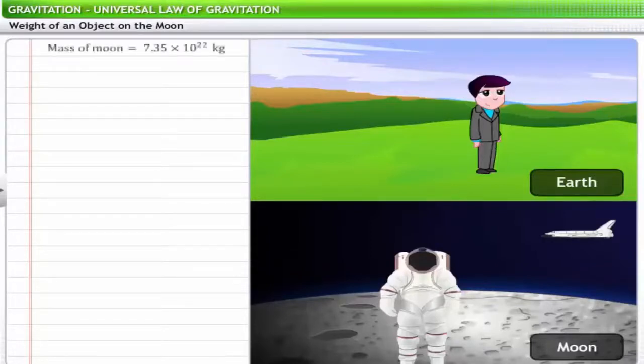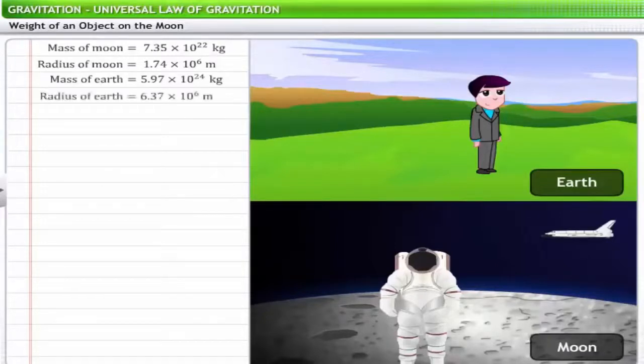The mass of the Moon is 7.35 into 10 raised to the power 22 kilograms, and its radius is 1.74 into 10 raised to the power 6 meters. The mass of Earth is 5.97 into 10 raised to the power 24 kilograms, and its radius is 6.37 into 10 raised to the power 6 meters.